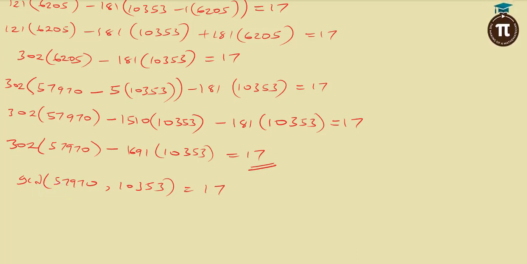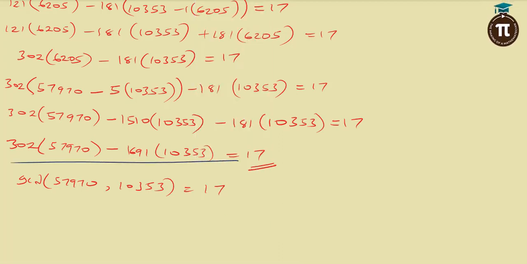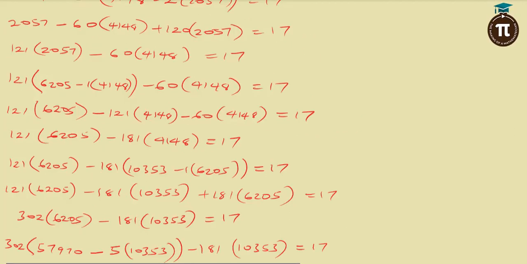So it means that we can write these two numbers as a linear combination such that the answer will be 17, which is the particular answer we just obtained. It means that there exists 302, that's an integer, and minus 1691.